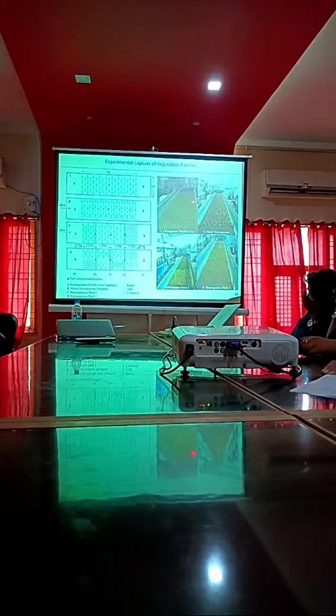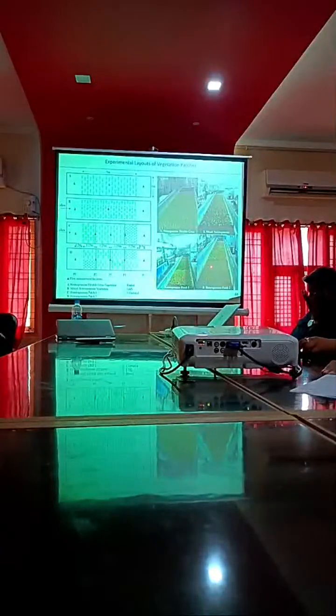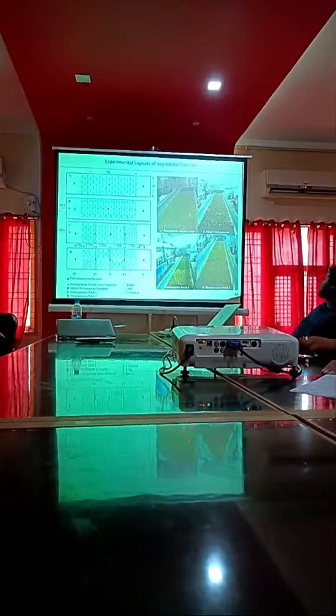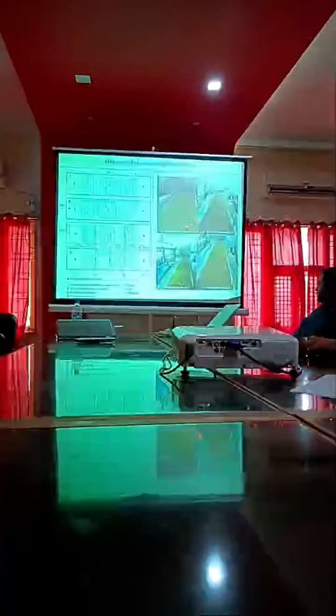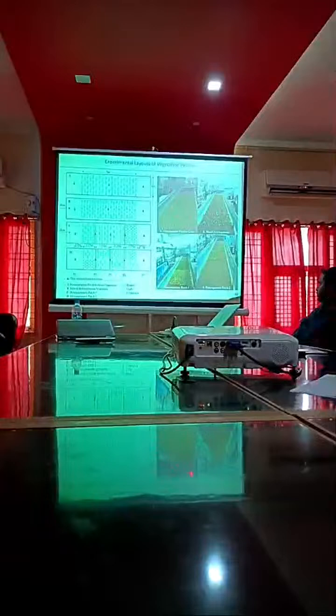You can see the grass type of vegetation, the mixed type of vegetation, the leaf patch, grass patch, cylindrical patch. Different patches of vegetation we have planted in our experimental laboratory, and we have conducted several experiments so as to understand what this vegetation actually does to the flow.